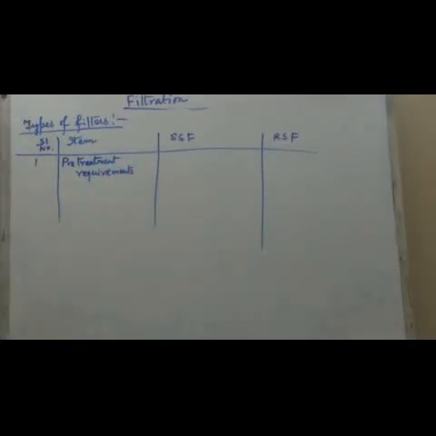For the slow sand filter, the effluent either from plain sedimentation tanks or raw water without any treatment is generally fed into it, and coagulation is not at all required.